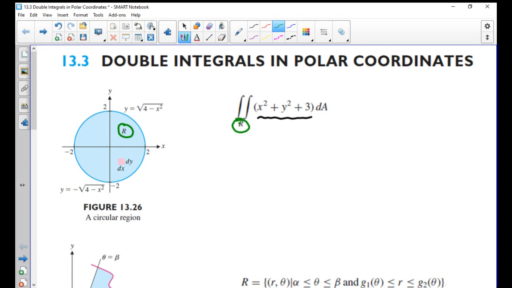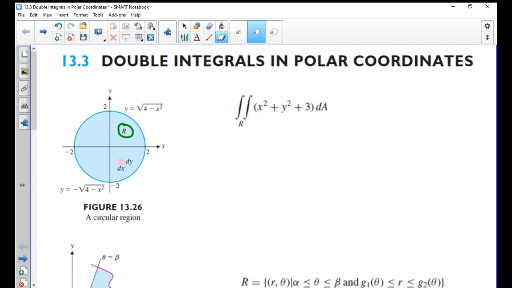Now, using x, normally what do we say? We say this dA is dx dy, yeah? You put here dx dy, then we split this double integral into two integrals, one with respect to x first maybe, and then with respect to y, or perhaps with respect to y and then with respect to x.